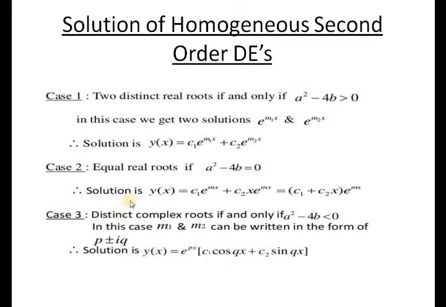So the solution will be y of x equal to c1 plus c2x into e raised to mx. Case 3 is distinct complex roots, which we write in the form p plus or minus iq. So the solution y of x equal to e raised to px into c1 cos qx plus c2 sin qx.